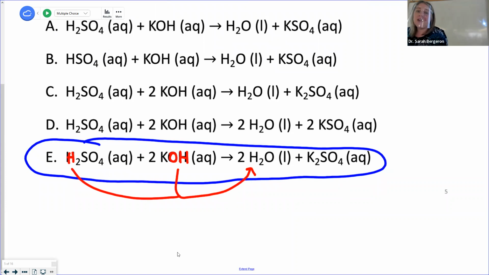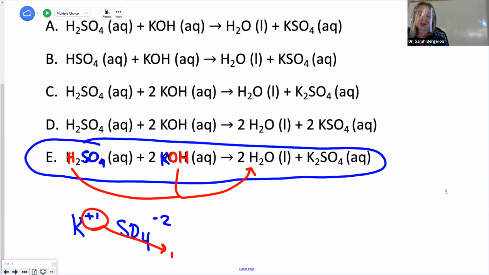And then we're going to have SO4, which is a polyatomic ion, and we're going to combine that with potassium. So SO4, what's the charge on SO4? -2. What's the charge on K? +1. So when I do the crossover, I get a 1 here and a 2 here.